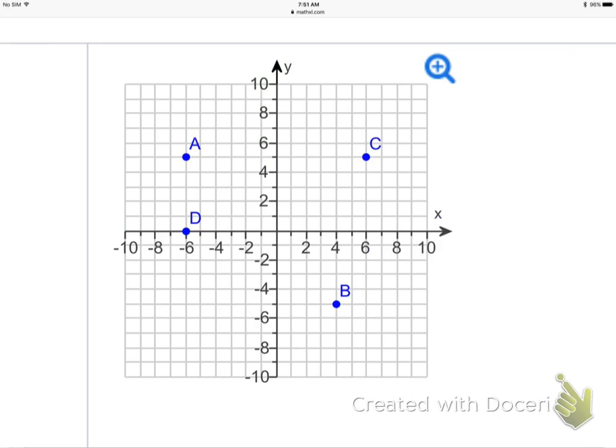Let's try the coordinates of point A. Let's start with that one. By coordinates, I mean they want us to say some kind of number, comma, number. So can you give the coordinates of point A? Try it on your own, and then I'll finish it on the screen.